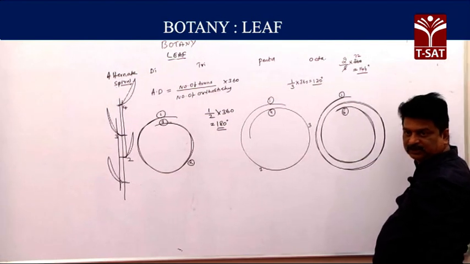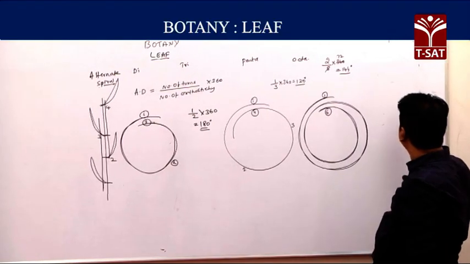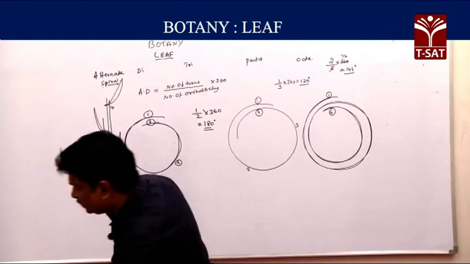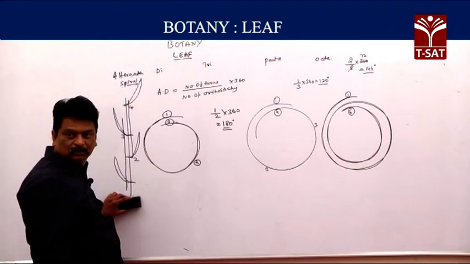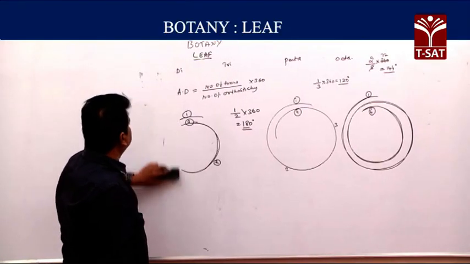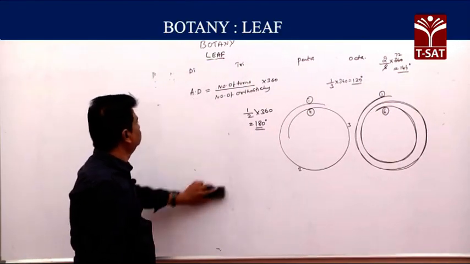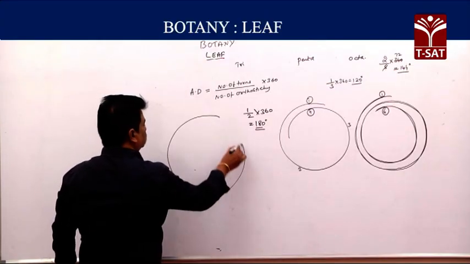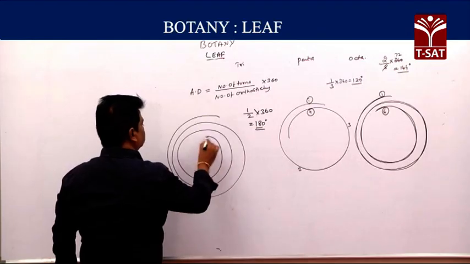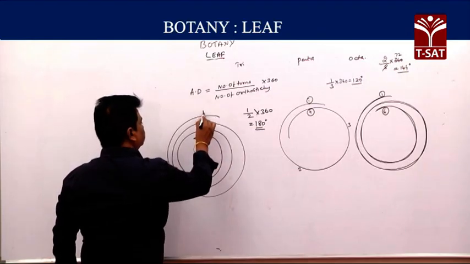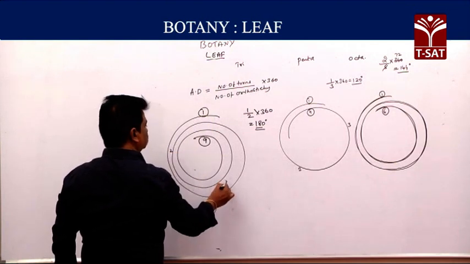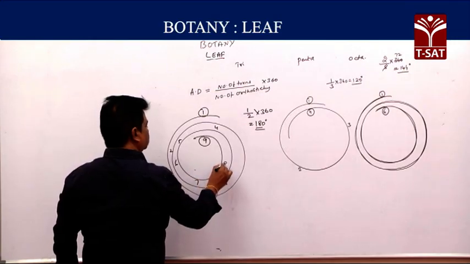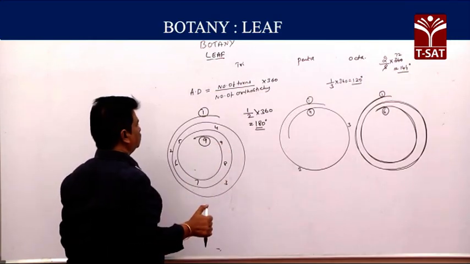Last one: the ninth leaf is placed over the first leaf. So from the first leaf to reach the ninth leaf, the genetic spiral makes 3 turns.